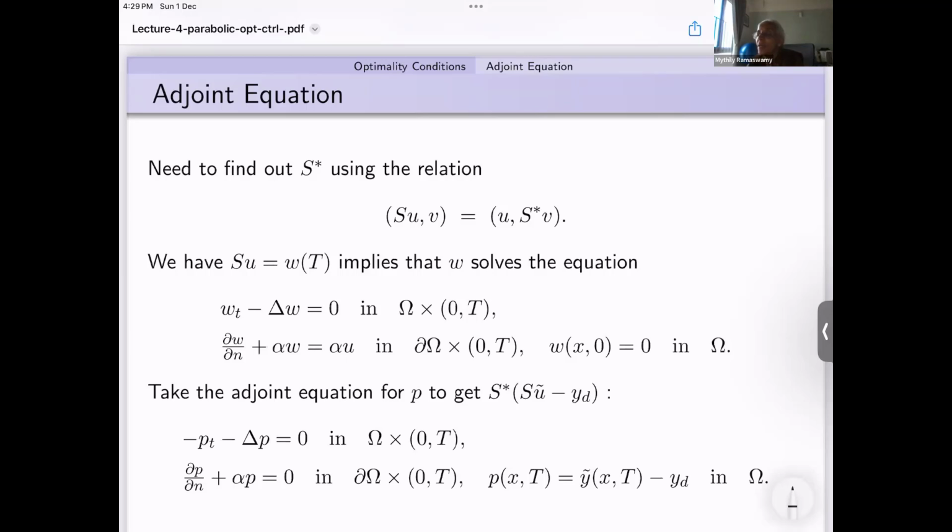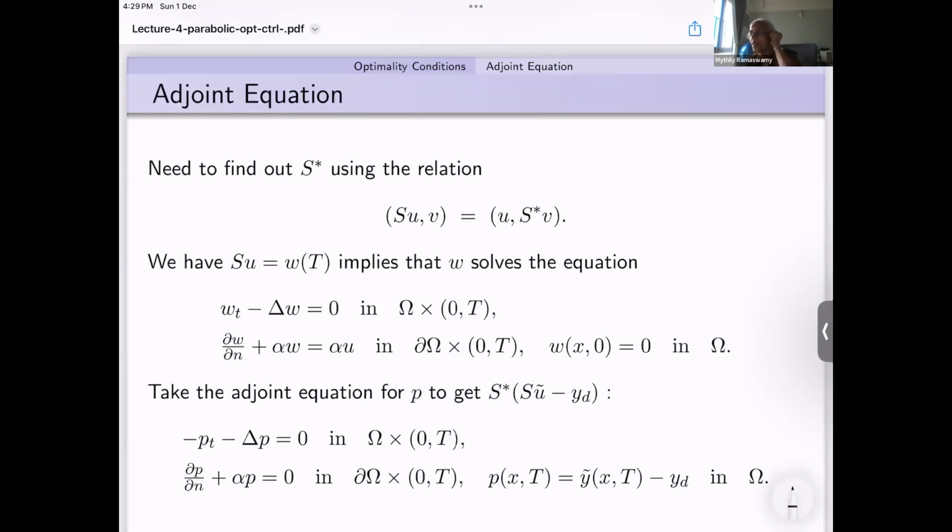So remember, if Su equals w, what does it mean? w solves the given PDE with the boundary condition as alpha u, and the initial condition as 0. So that is the meaning of Su equal to w.